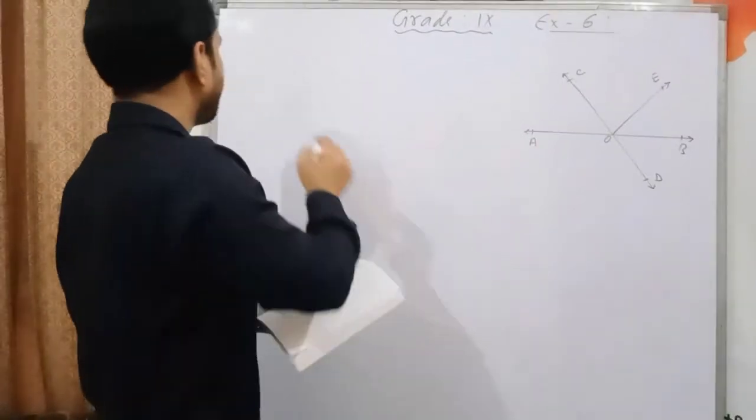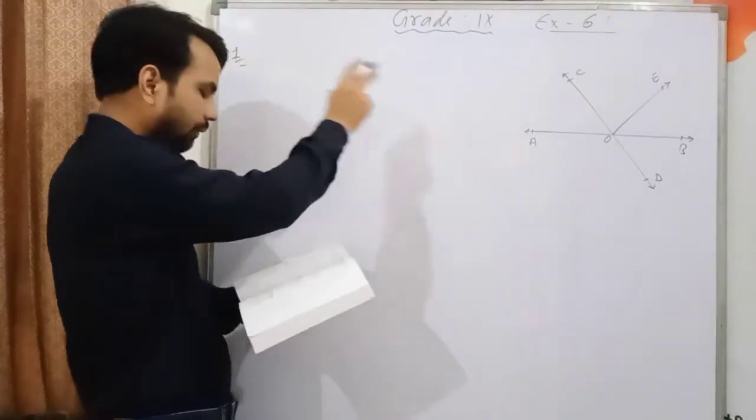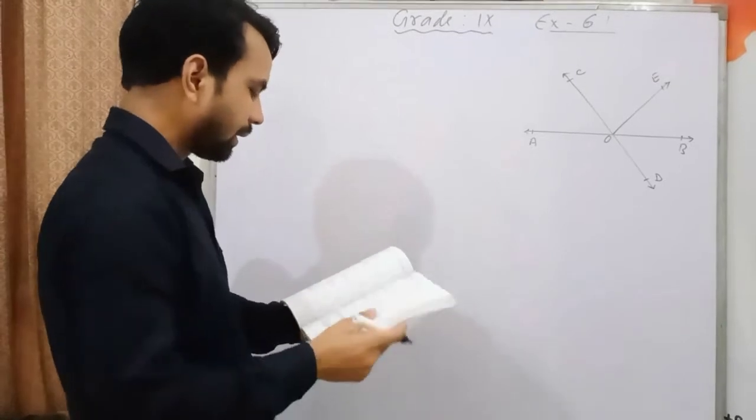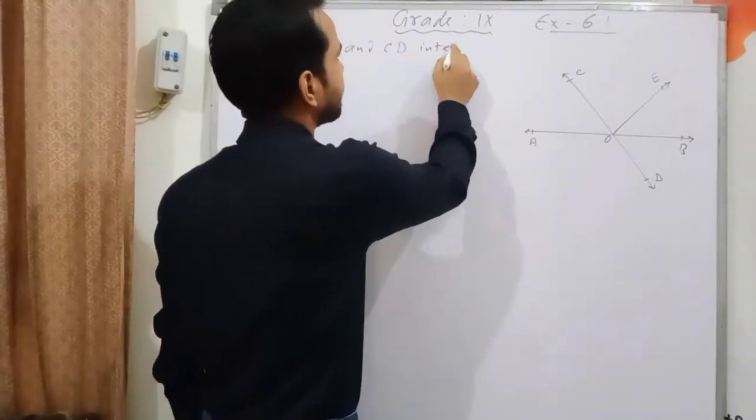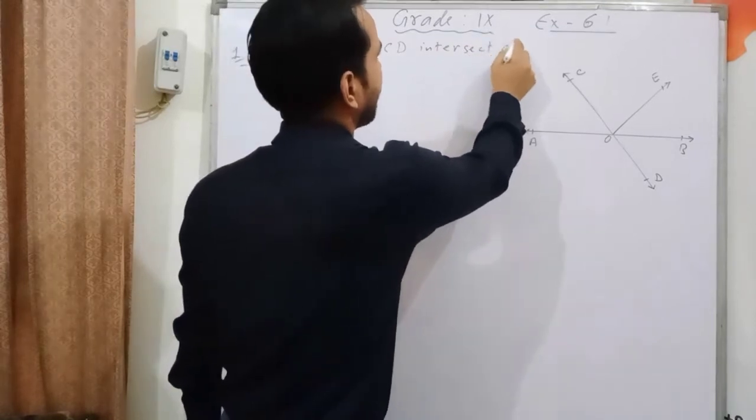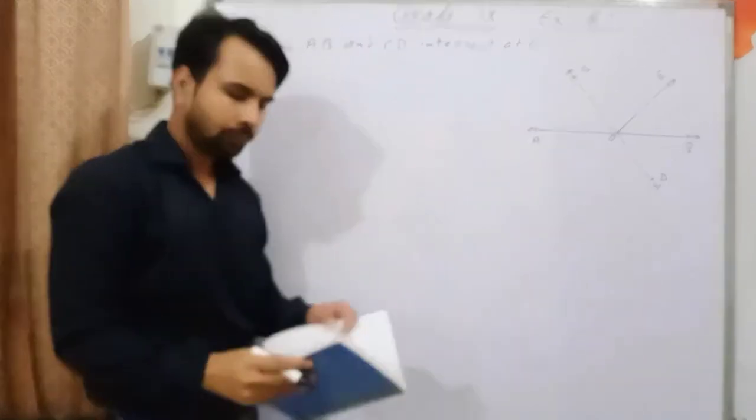In the question, it is given that in the given figure, line AB and CD intersect at O. Clear?